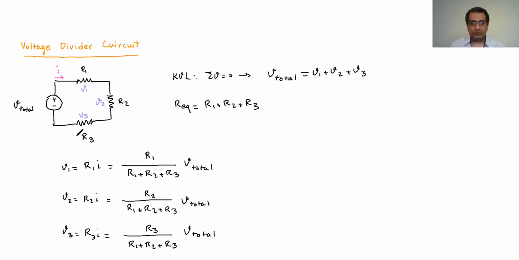So the voltage is divided between them, and so it is a voltage divider. Then the next one is a current divider circuit.